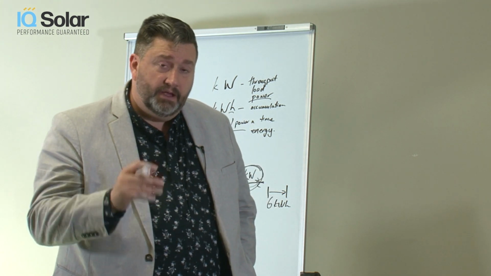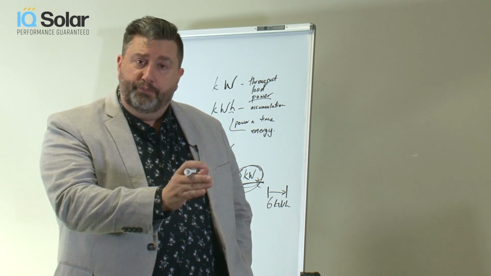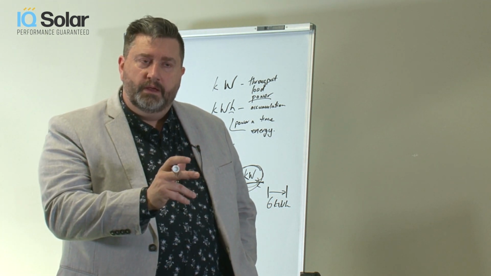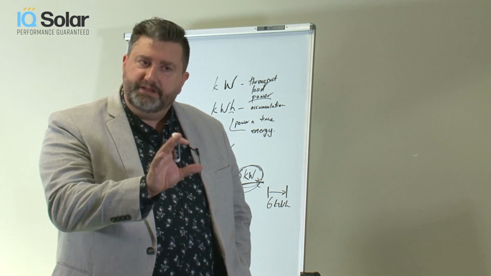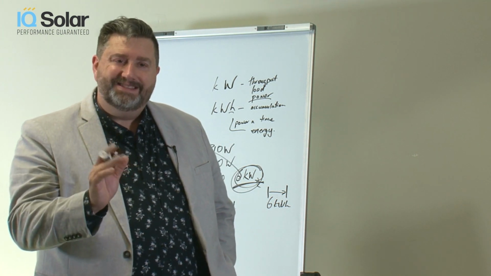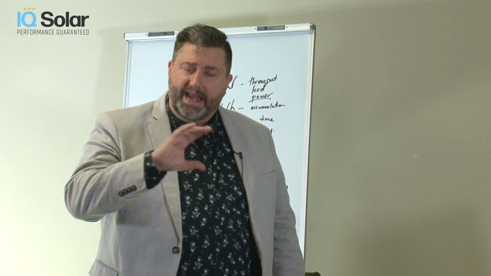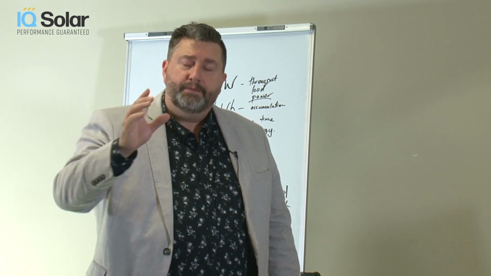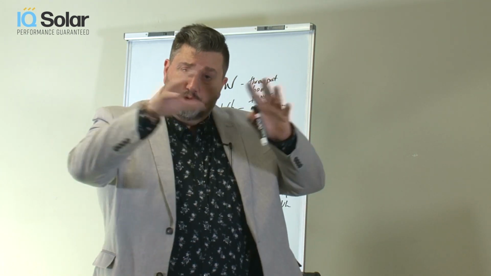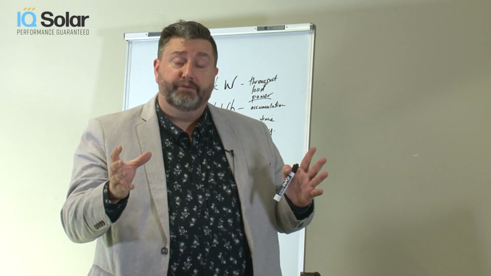It has, as a maximum throughput at any one time, willing to be corrected, but I think it's 5 kilowatts. What that means is that if it's powering a house, the maximum power at any one time that it can put through is 5 kilowatts, but its total capacity is 13.5 kilowatt hours.